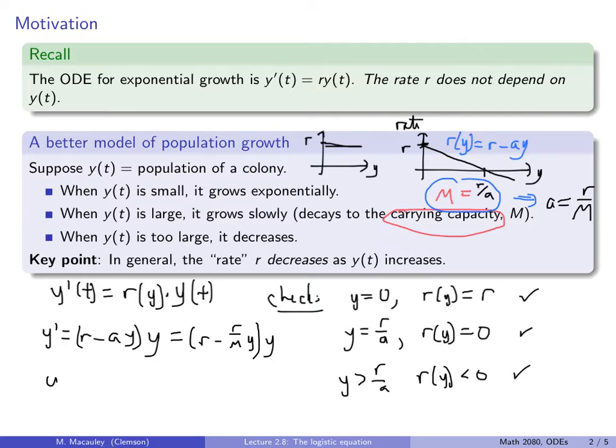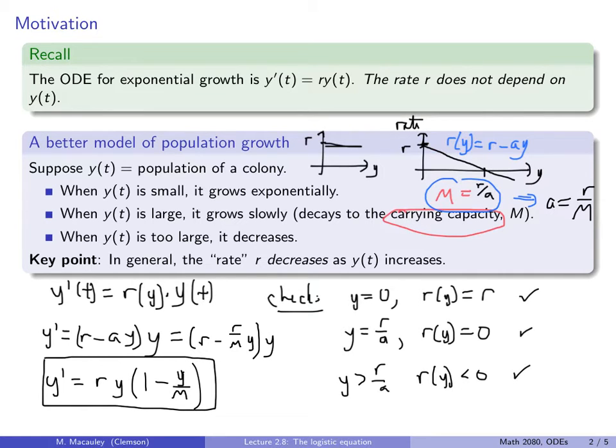So I'm going to write this as y prime equals r times y times 1 minus, careful, y over m, and that's it. So this is the logistic equation.